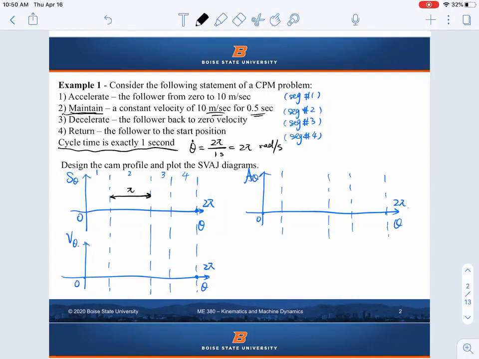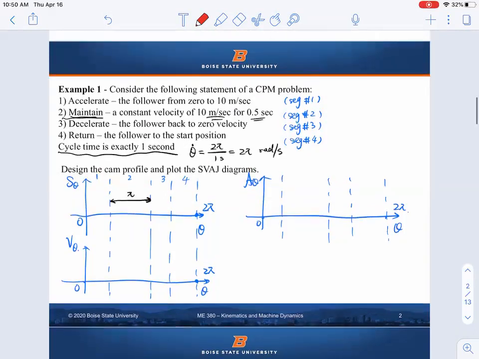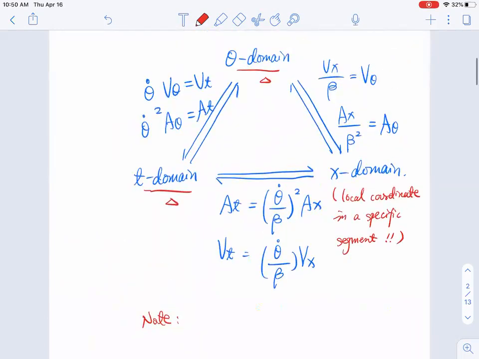Okay. And we also know that the velocity is a constant 10 meters per second. So if you go back to here, we know your V_t is 10 meters per second. And then we want everything in V theta, right? So that's why you have to pick this equation.